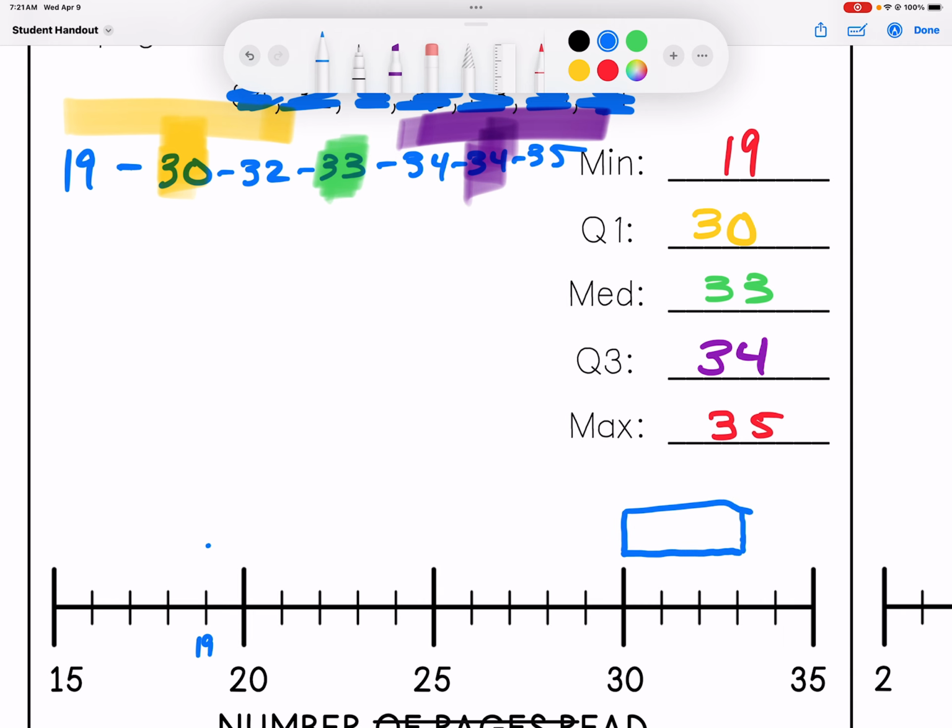And the Q3 is 34. So 34 is right here. So we're going to continue our box there. Our max is 35, so we're going to go to that point, and then we're going to connect our minimum dot. And that's how you create a box plot.